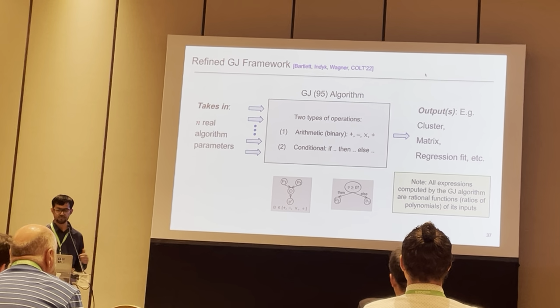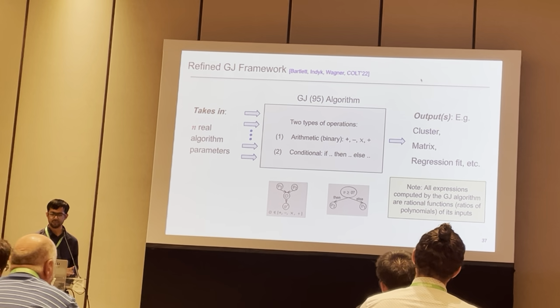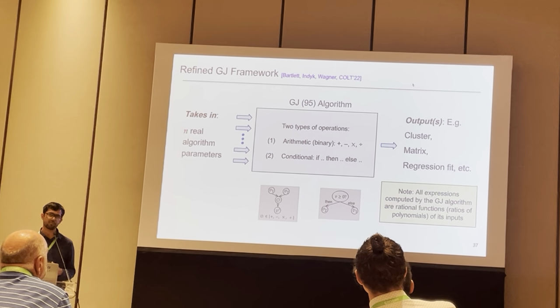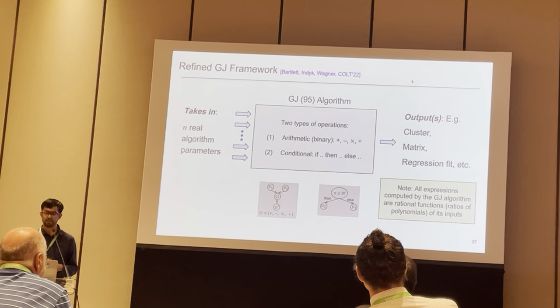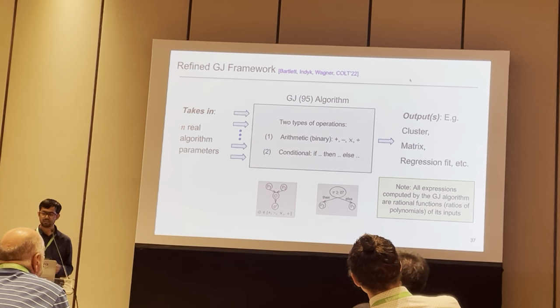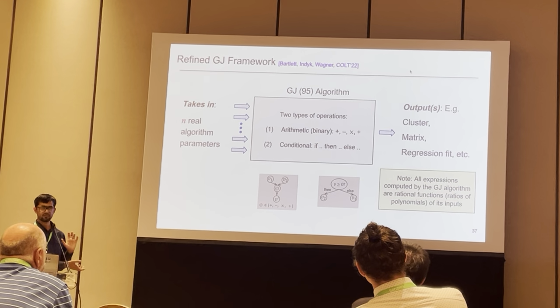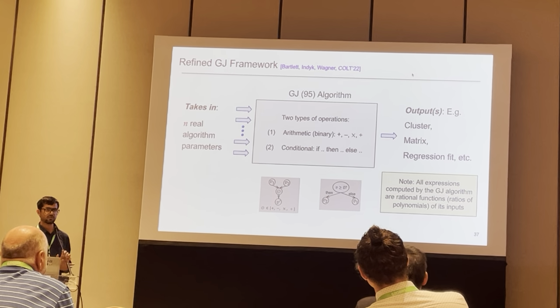So you have these two kinds of computations, and at the end the algorithm solves some problem. It gives some cluster, some matrix, some regression fit. This is just one way to express your algorithm.